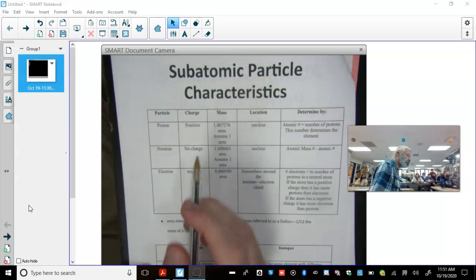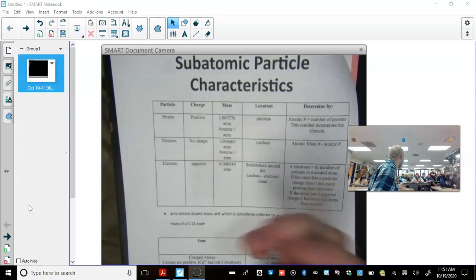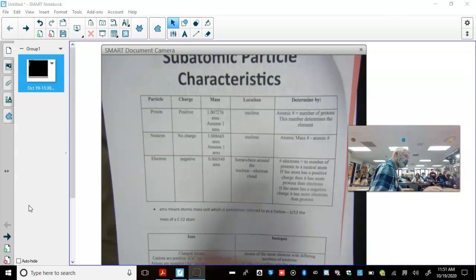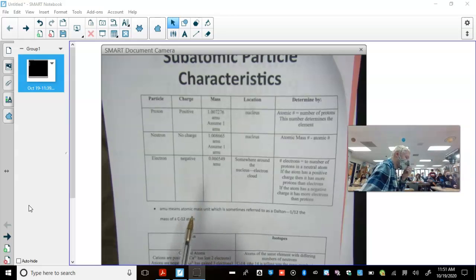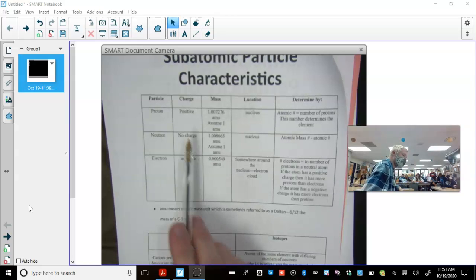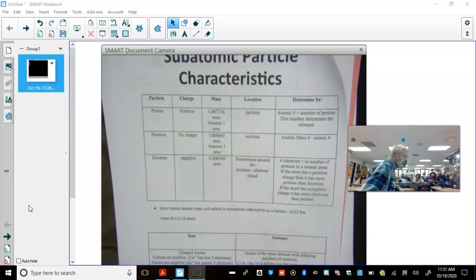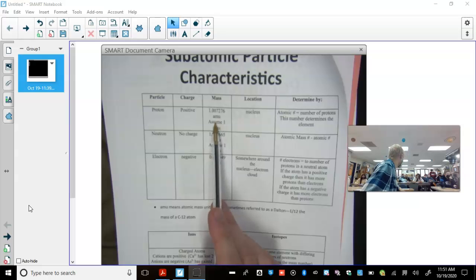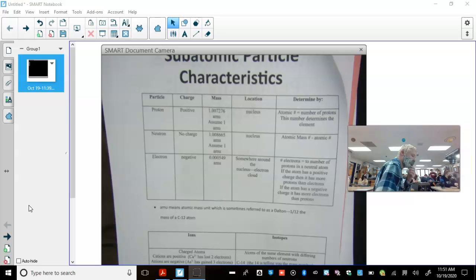So atomic theory, we're focused on what makes up an atom. You got protons, you got neutrons, you've got electrons. Here's a bunch of information. You're not required to memorize it. A lot of it you already have memorized, like protons are positive, electrons are negative, neutrons, no charge. AMU stands for, any ideas? Atomic mass unit is based off of the carbon atom experimentally, and that's our standard of comparison.